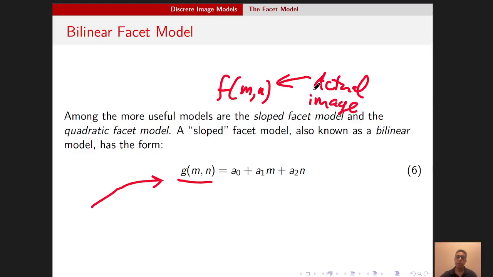Now we can make this a very large image, or we can think of this as just one local region. So let's think about this as a local region. And in that local region, we're going to assume that the intensity follows this model. So this is the model of intensity variation.